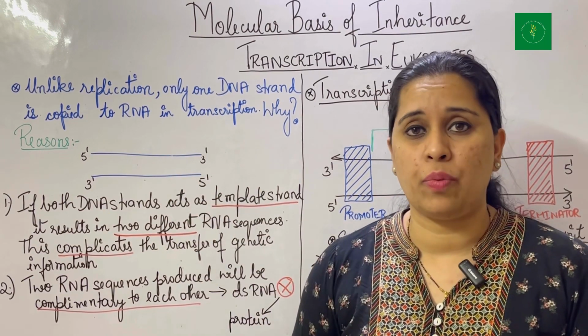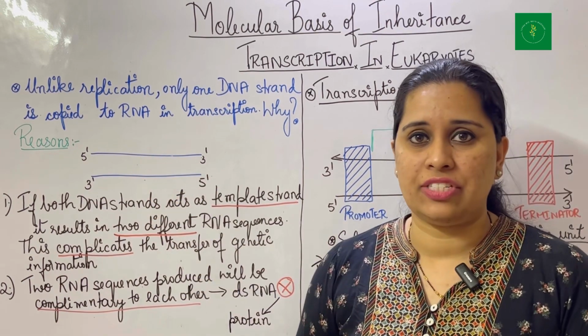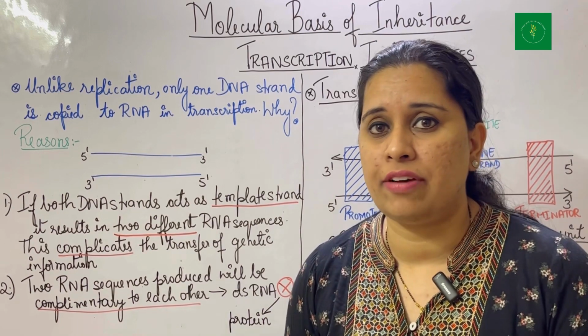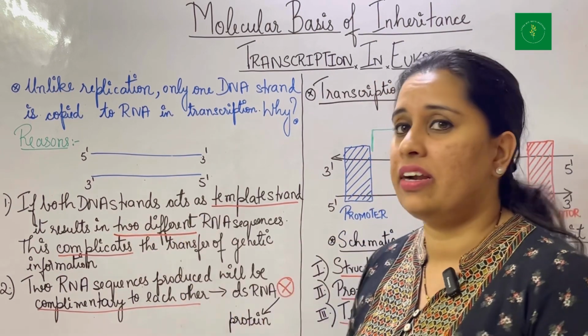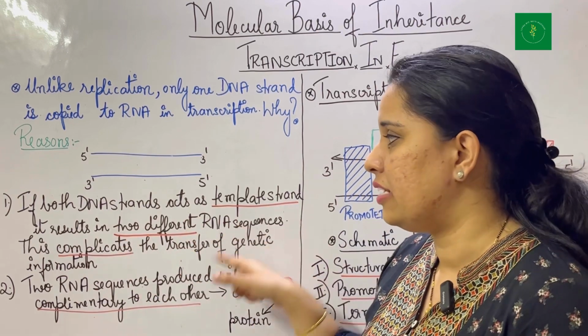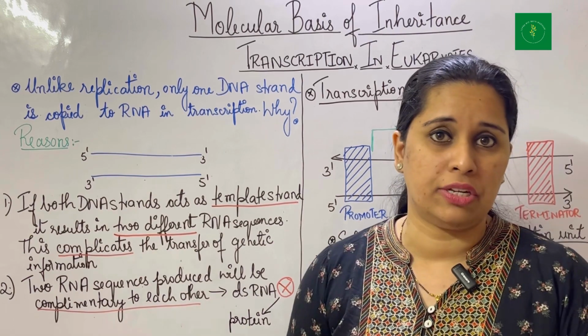So reason number one, let us assume that both the DNA strands act as template strands. How many RNA sequences are formed now? Two different RNA sequences are going to form. So these two different RNA sequences will complicate the transfer of genetic information.